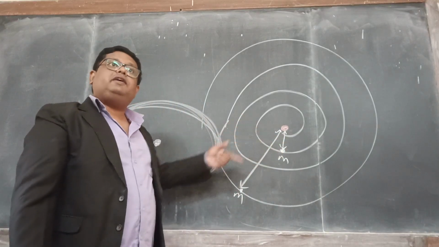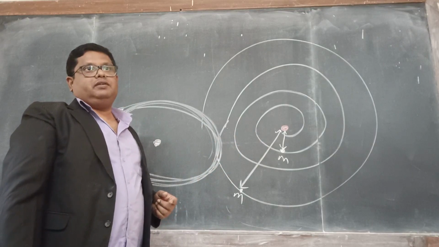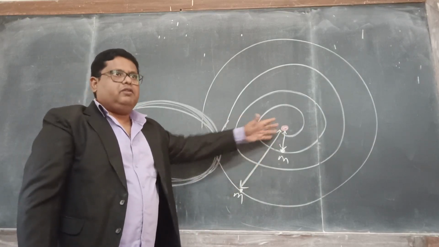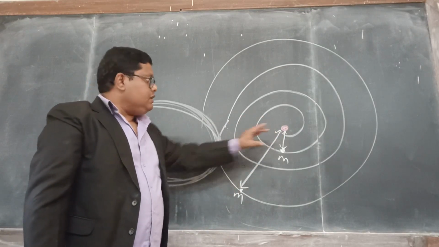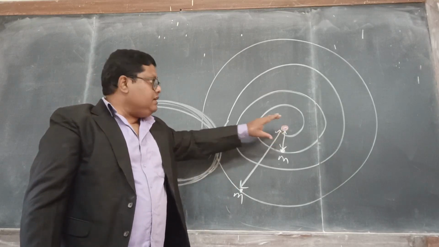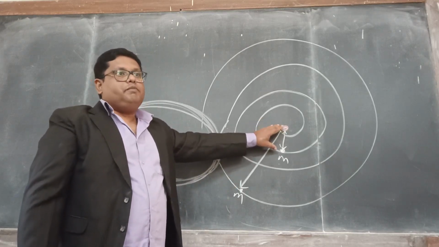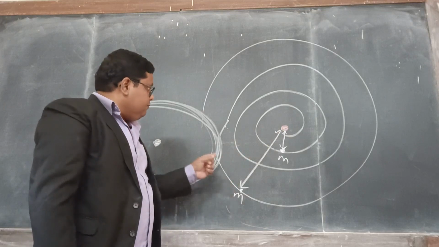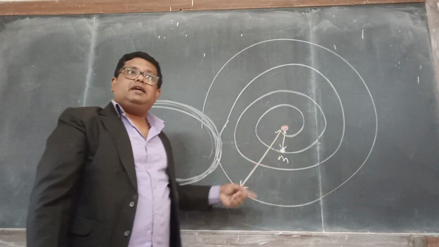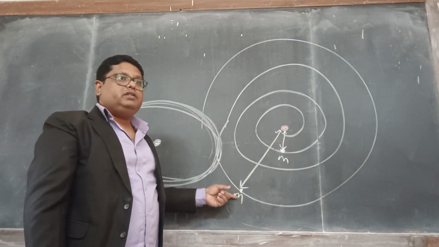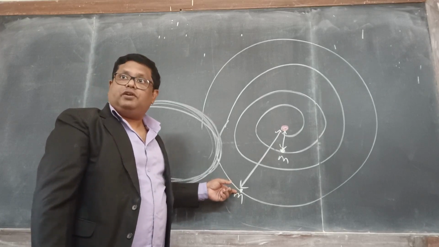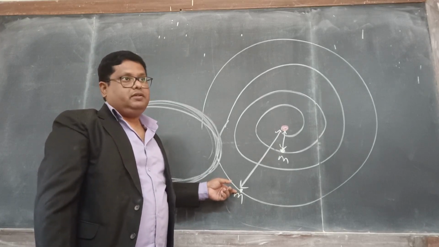Number one, their specific angular momentum is different. Their radii are different, so their Keplerian orbits are obviously different. So in a spiral, something happens due to which the particle is losing its angular momentum. This is the first point about spiral motion.